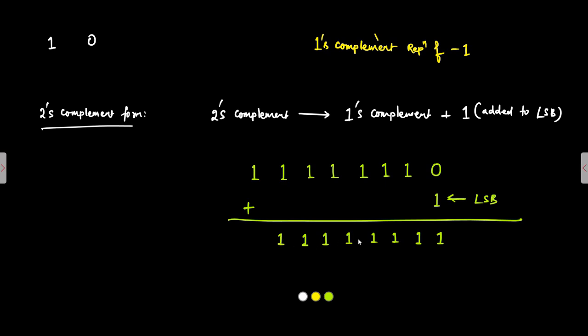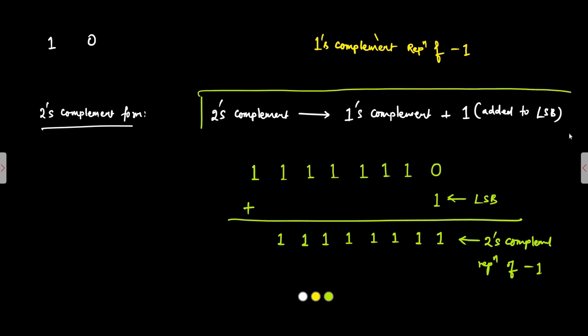Eight ones, all are ones. So this is called the 2s complement representation of -1. Just remember this format. We add 1 to the LSB position of the 1s complement to get the 2s complement. Okay, so this is the thing.